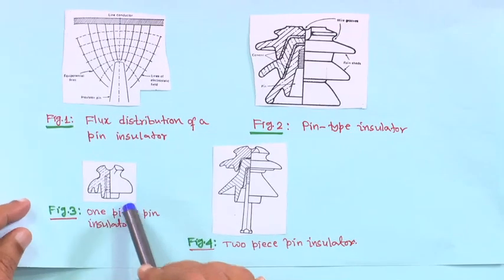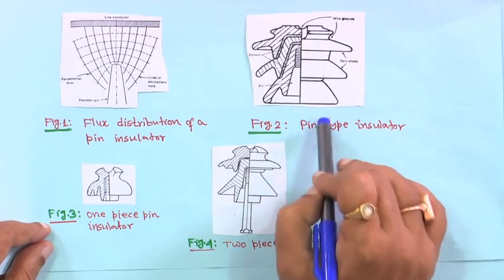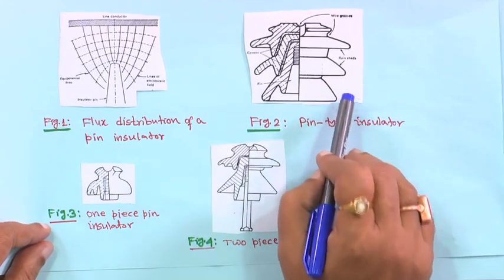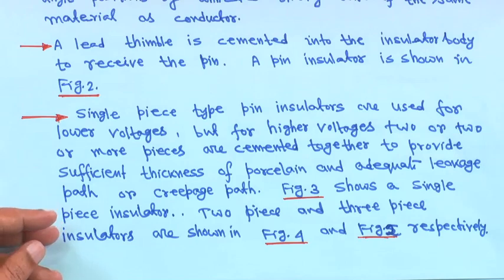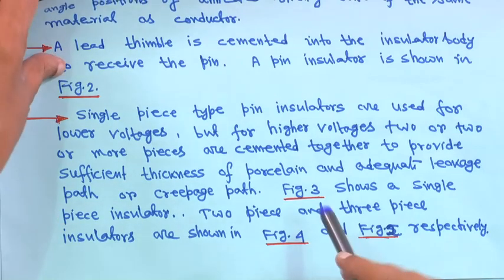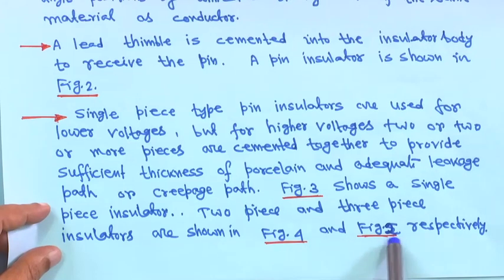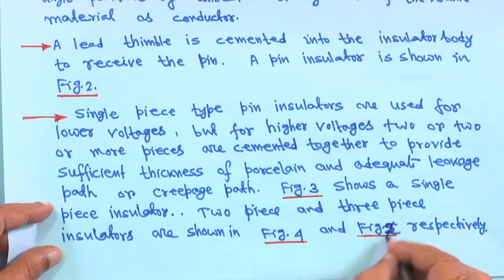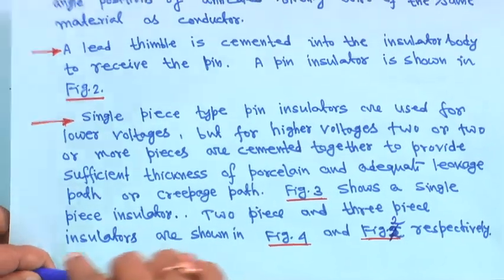This is a single piece insulator, this is a 2 piece insulator, and this is a 3 piece insulator. If you want more, then the voltage level will be more, right.